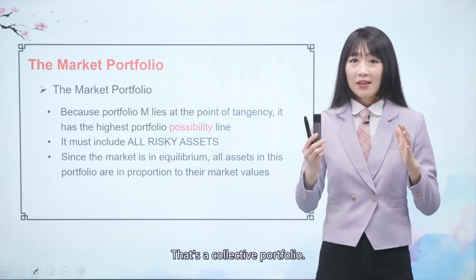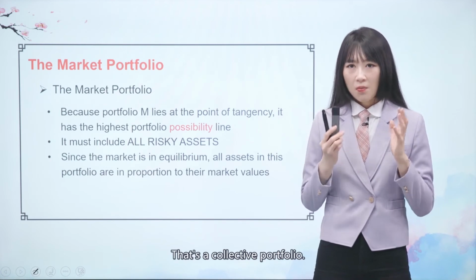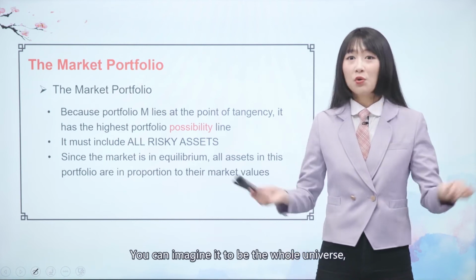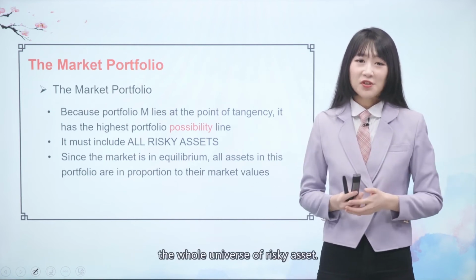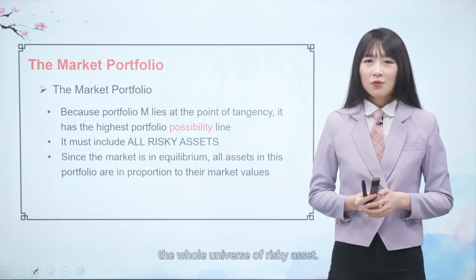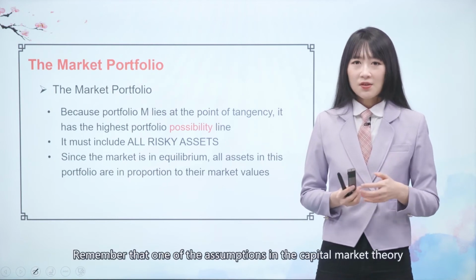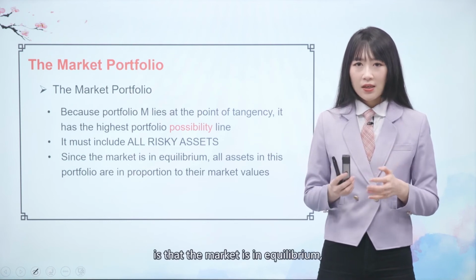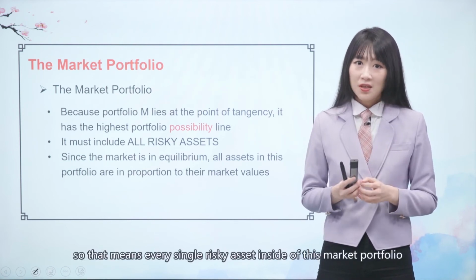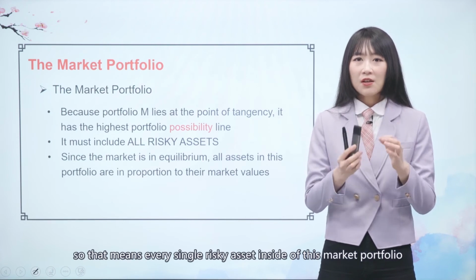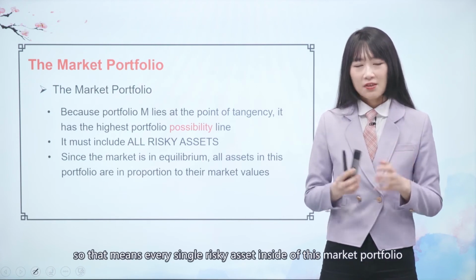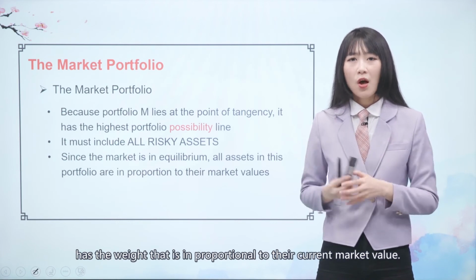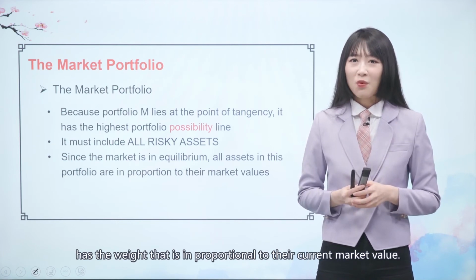You can imagine it to be the whole universe of risky assets. Remember that one of the assumptions in capital market theory is that the market is in equilibrium. So that means every single risky asset inside this market portfolio has a weight that is proportional to its current market value.